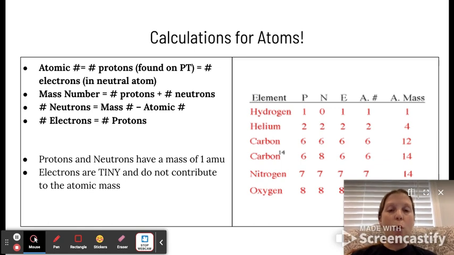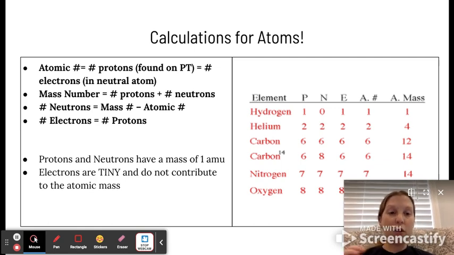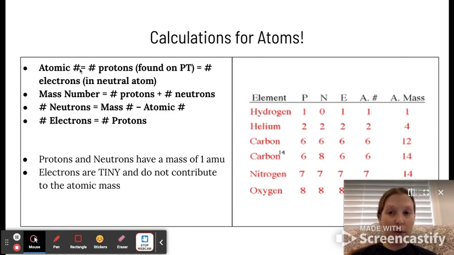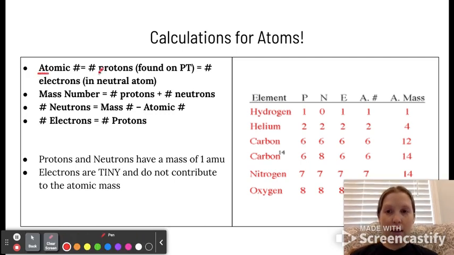One thing I do want you to know here, and it is on your notes, but it's not in this PowerPoint, is APEMAN. APE means atomic number is equal to number of protons, which is equal to number of electrons.